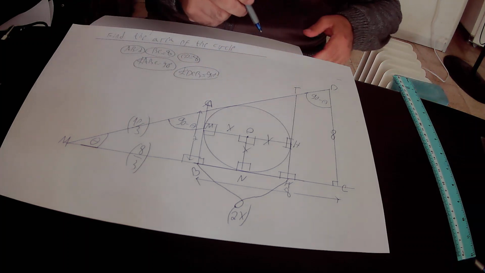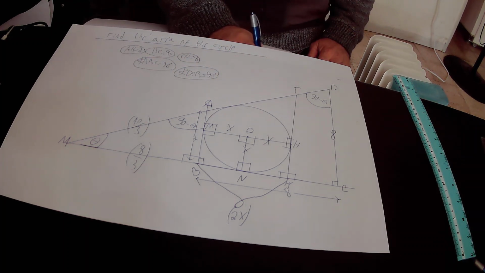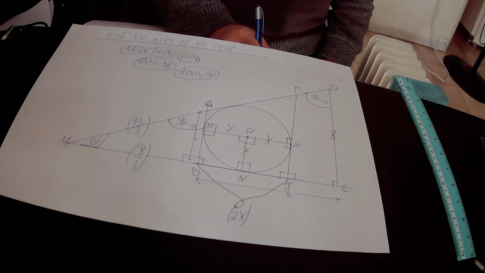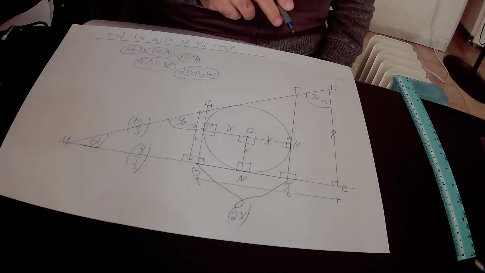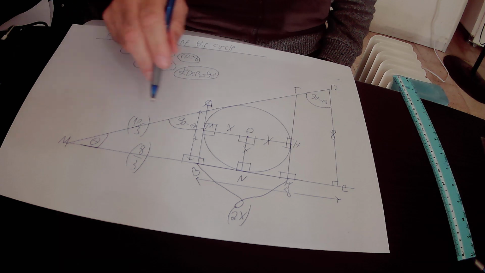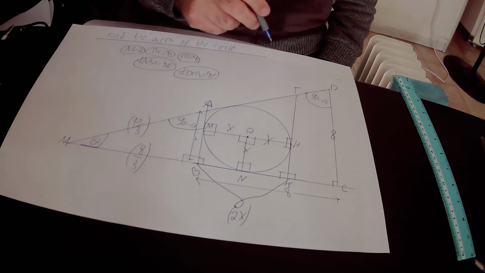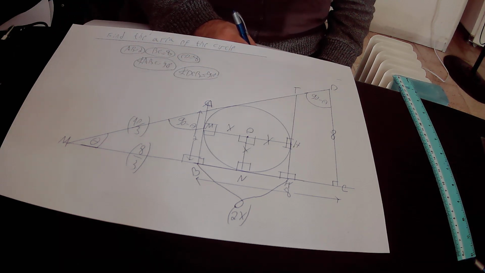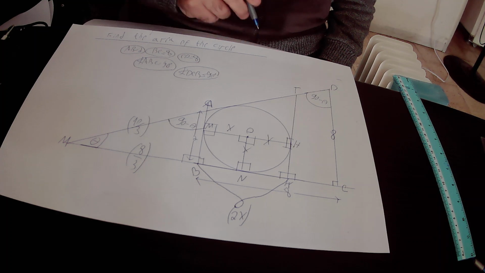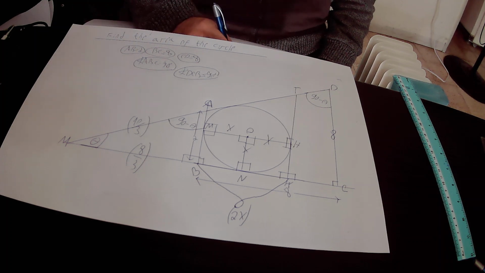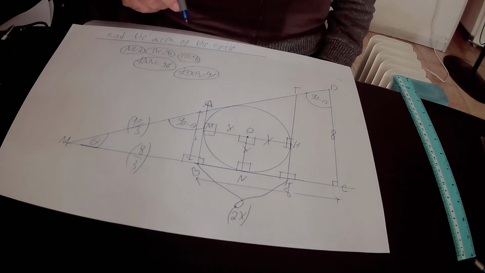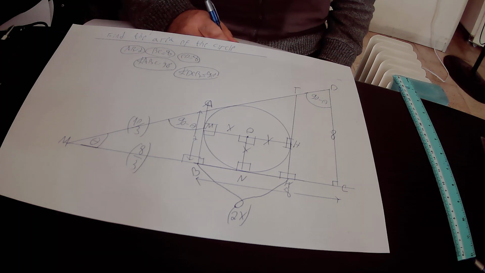MK in the big triangle over TM, MK in the big triangle over MB in the small triangle equals TM in the big triangle over AM in the small triangle.